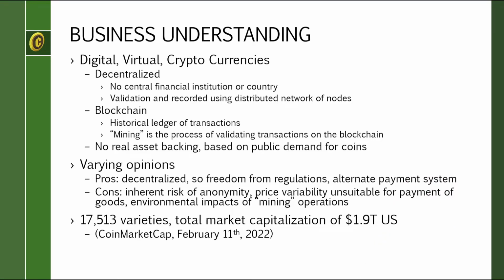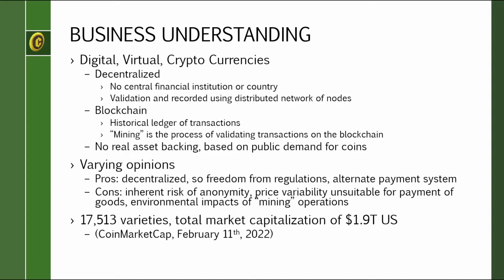Regardless of opinions, they appear to be gaining popularity. As of February 11th, there were over 17,000 different variety of coins with a total market capitalization of over $1.9 trillion.